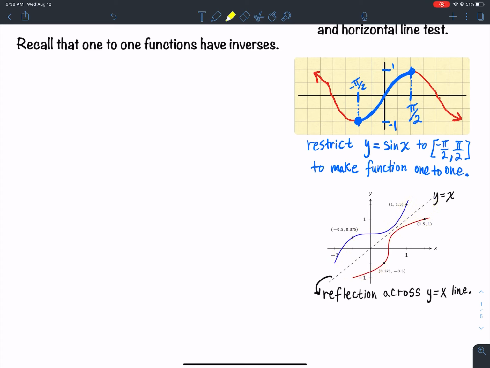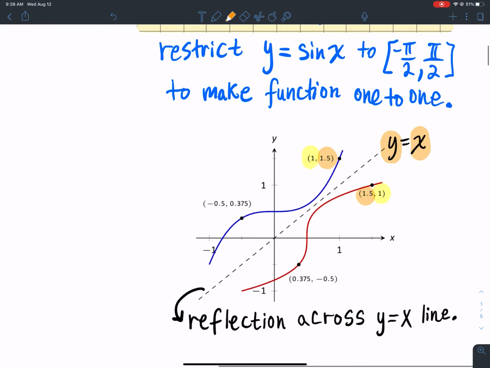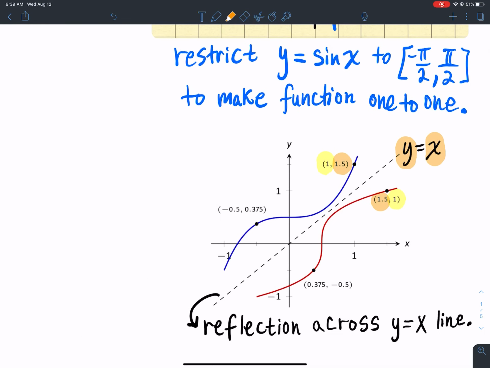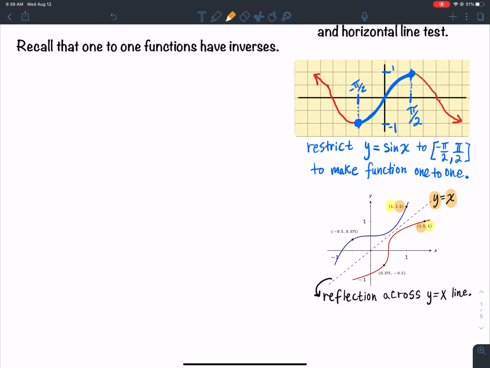Now you think about it, what's happening here? The x value becomes the y value, and the y value becomes the x value. You're literally swapping x with y. When you're reflecting across the line y equals x, you're flipping the x and y values there.